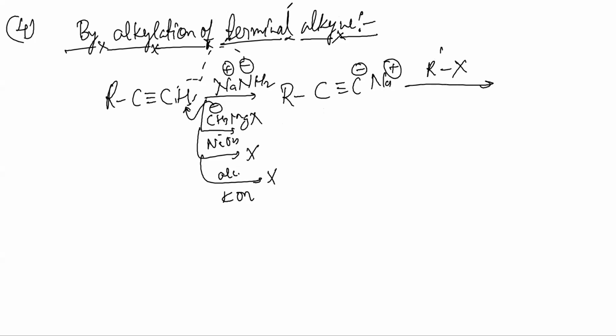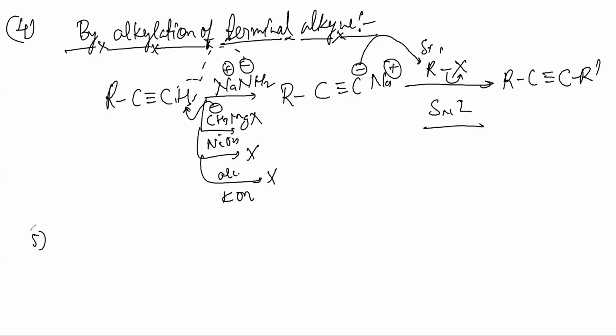Yes, correct. You're going to get this. How? Here delta plus, here minus, attack from the backside, leaving group leaves, SN2. Okay. This is fourth method. Fifth.